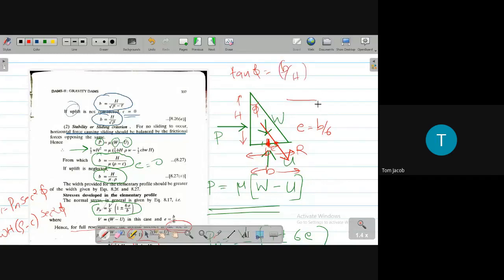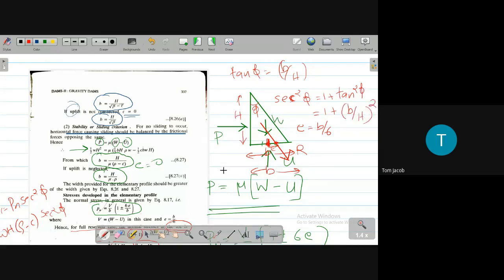So we can write sec square phi as 1 plus tan square phi, based on trigonometric identities. Sec square phi is equal to 1 plus tan square phi, that is equal to 1 plus (B by H) whole square.